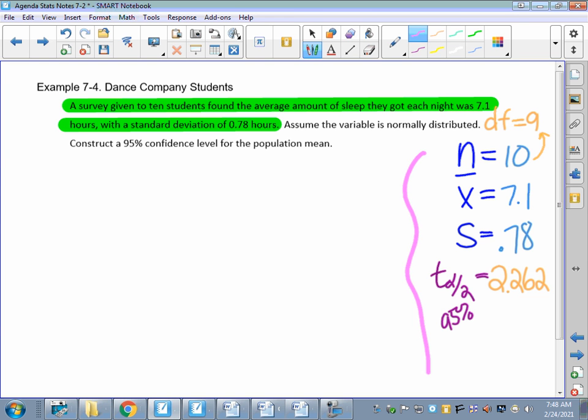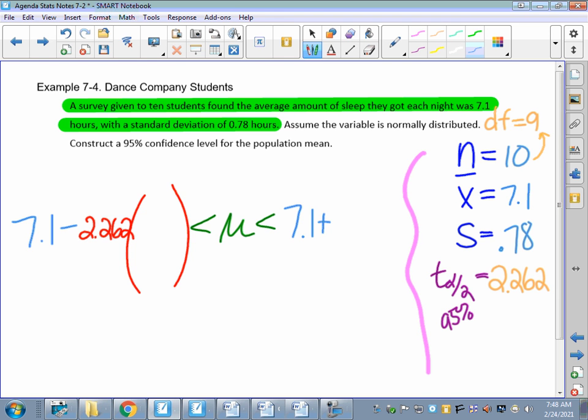I've got mu in the middle. So I'm going to take my X bar minus, whoops, I should put a number in there, shouldn't I? 7.1 minus my margin of error, and 7.1 plus that margin of error. That's going to be my t value, 2.262, times my standard deviation, 0.78, divided by the square root of my sample size, 10.